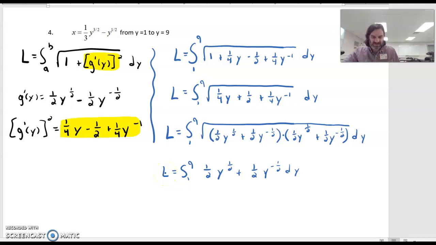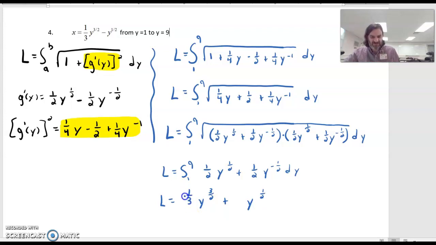Alright, so let's integrate. So that'll be y to the 3/2. And if we divide by 3/2 and multiply by the 1/2 out front, I think we get 1/3. Is that right? I think so, yes. And then with the second one, we'll get y to the 1/2, and if we divide 1/2 by 1/2, we will get 1.